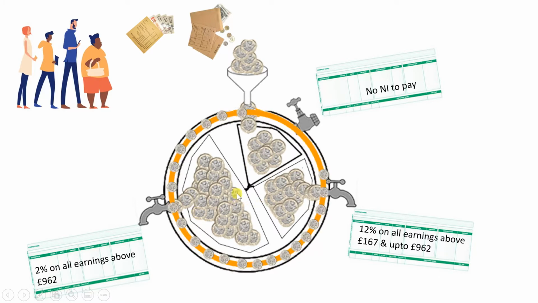So they have a section where some of their money doesn't have any national insurance deductions, a second part of their money does have national insurance deductions at 12%, and a third portion of their money has that 2% deductions.